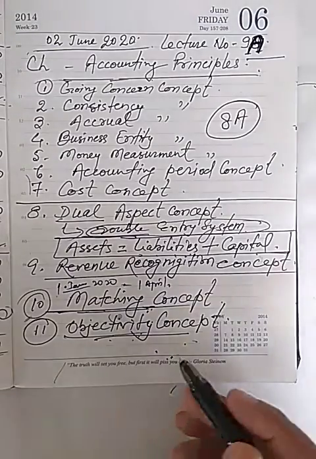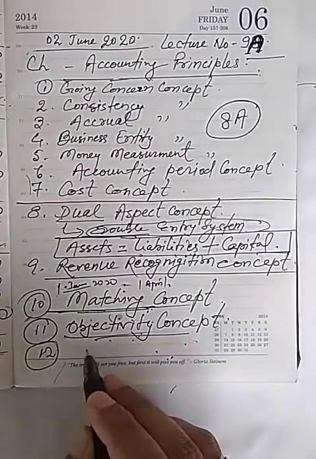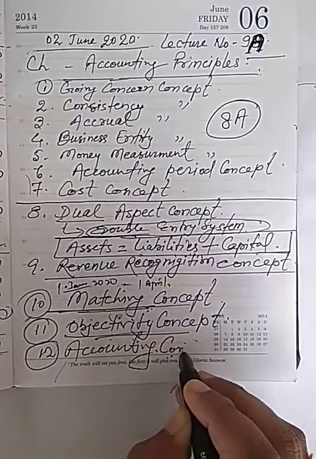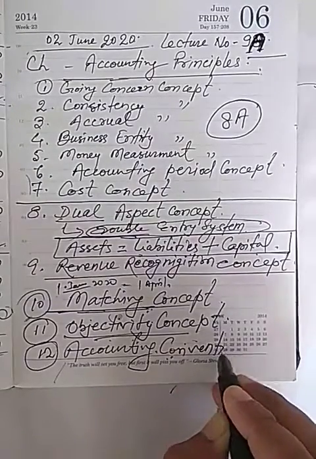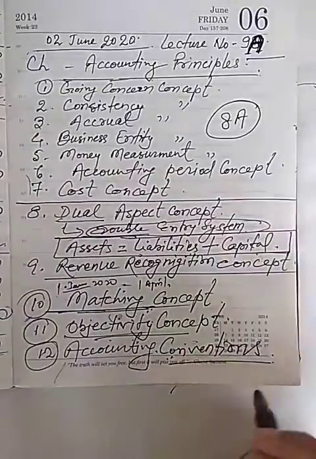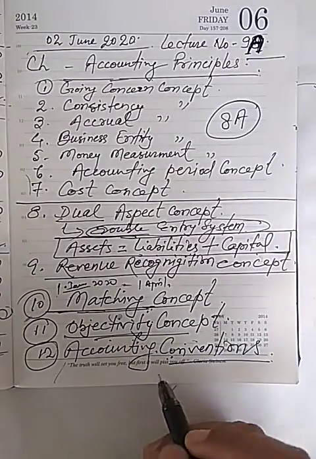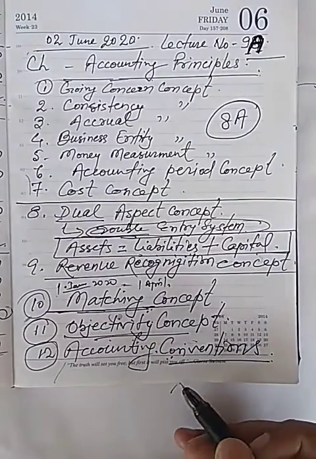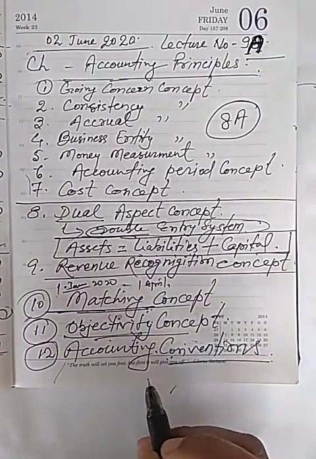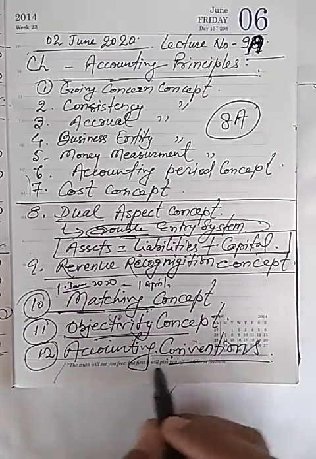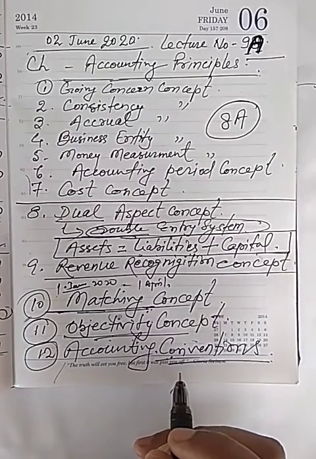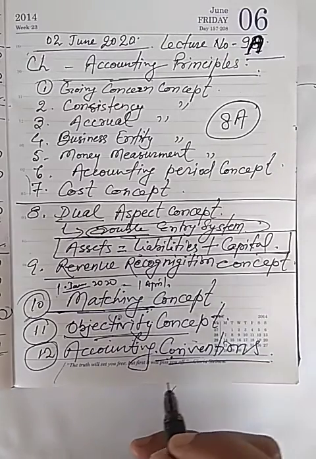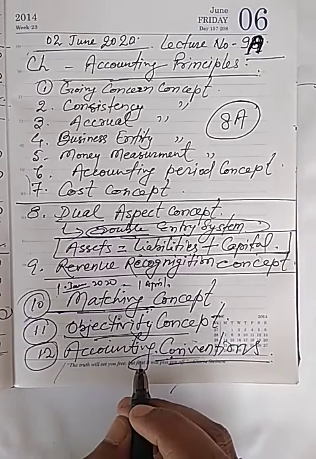Now, next is accounting conventions. An accounting convention may be defined as a custom or generally accepted practice which is adopted either by general agreement or common consent among accountants.